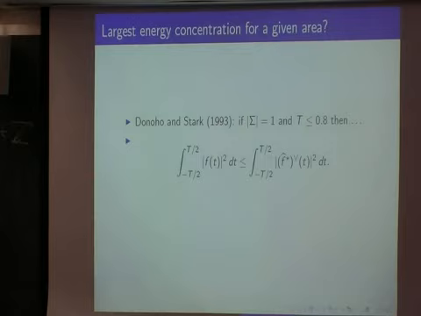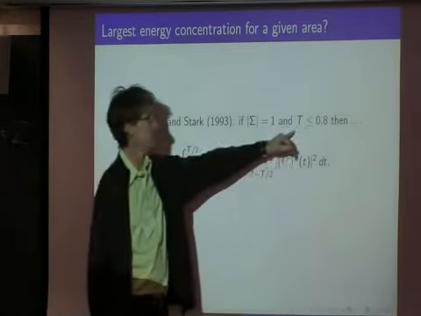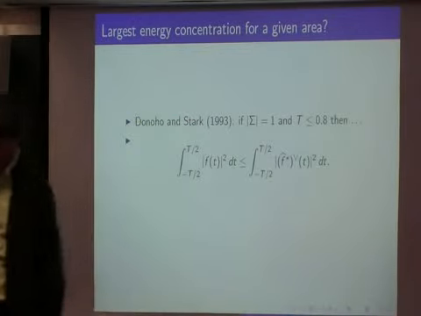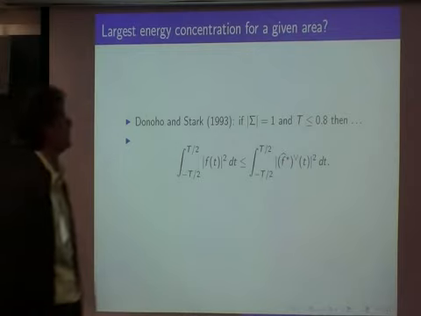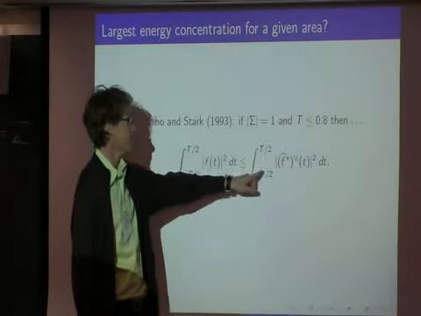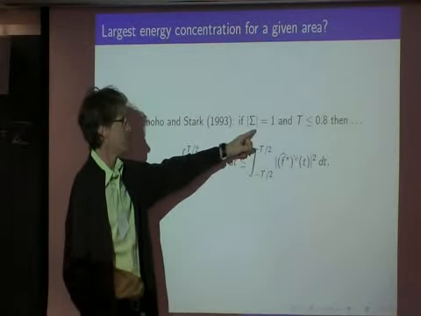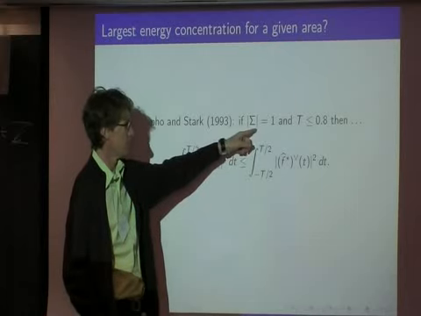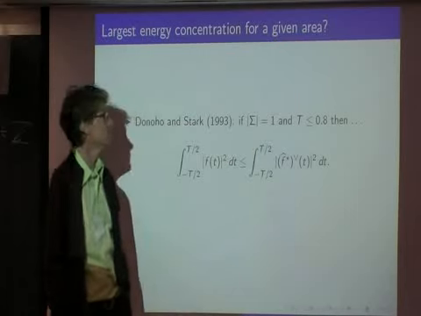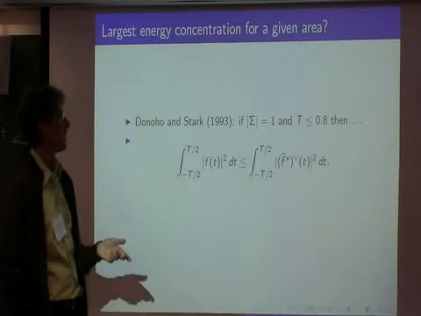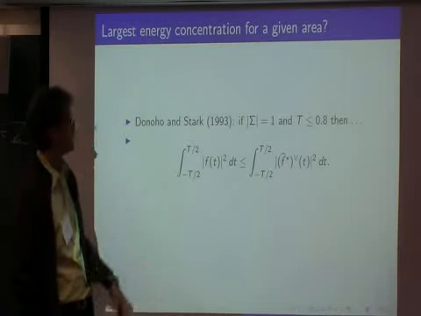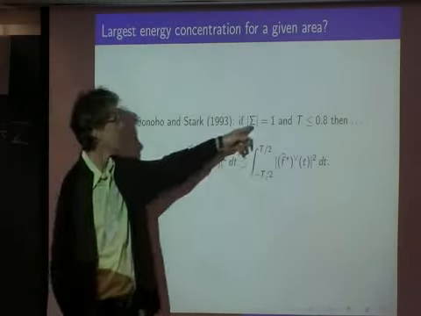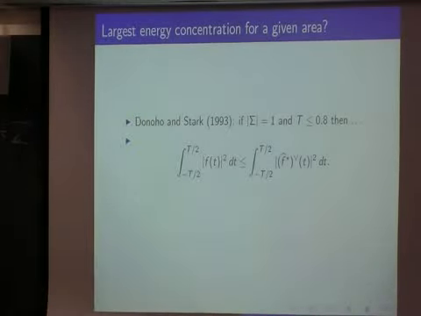There's every reason to believe that the restriction T less than or equal to 0.8 is unnecessary. So there's every reason to believe that if a function has Fourier transform living on a set of measure 1, then the most energy you can get in an interval of time T in the time domain is going to occur when the frequency support is an interval.